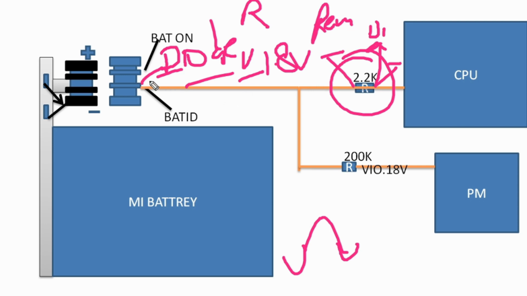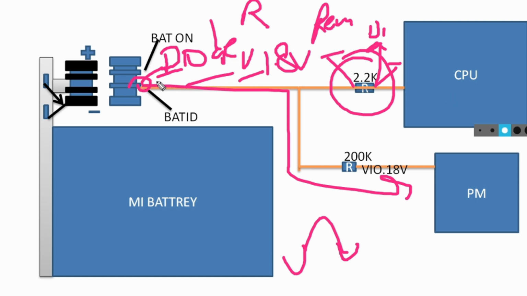Because when you get 1.8 volt here in this battery connector Batt ID line, that means the power IC line is 100% okay. Power IC line will be okay because you get 1.8 volt. If you get a diode value here, this line is connected between 2 IC.